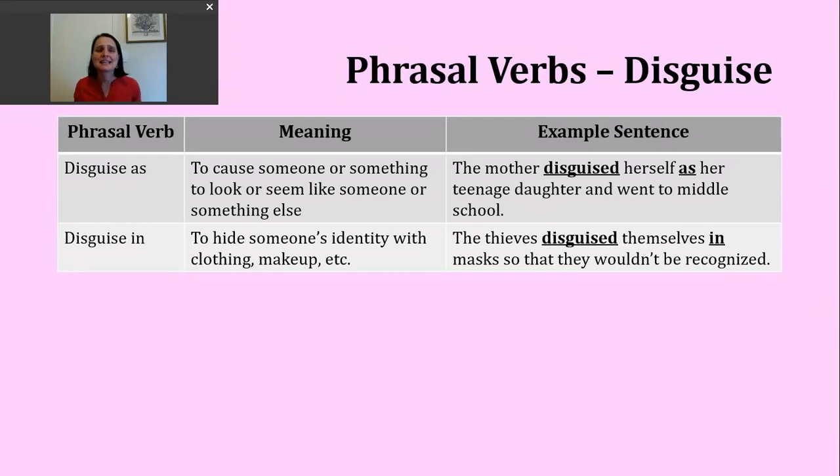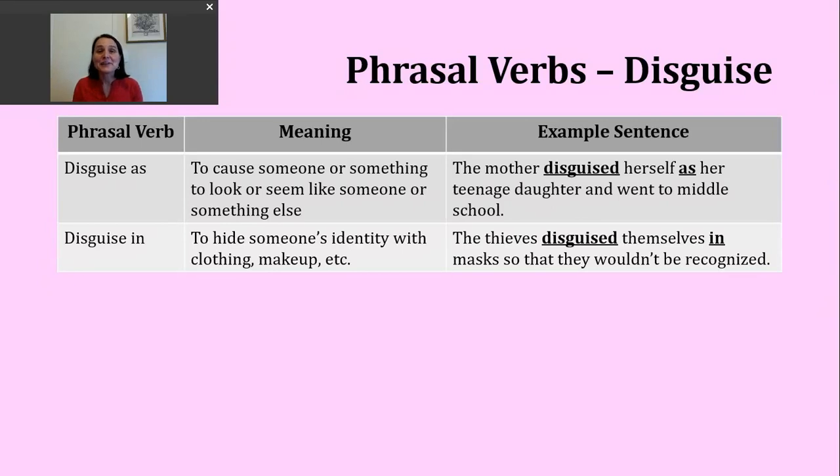I borrowed this sentence from a recent news report. This actually just happened in the last week or so. A mother put on clothing, styled her hair, etc., to try and look like her 13-year-old daughter and attend school. Kind of odd, but a good use of this verb.